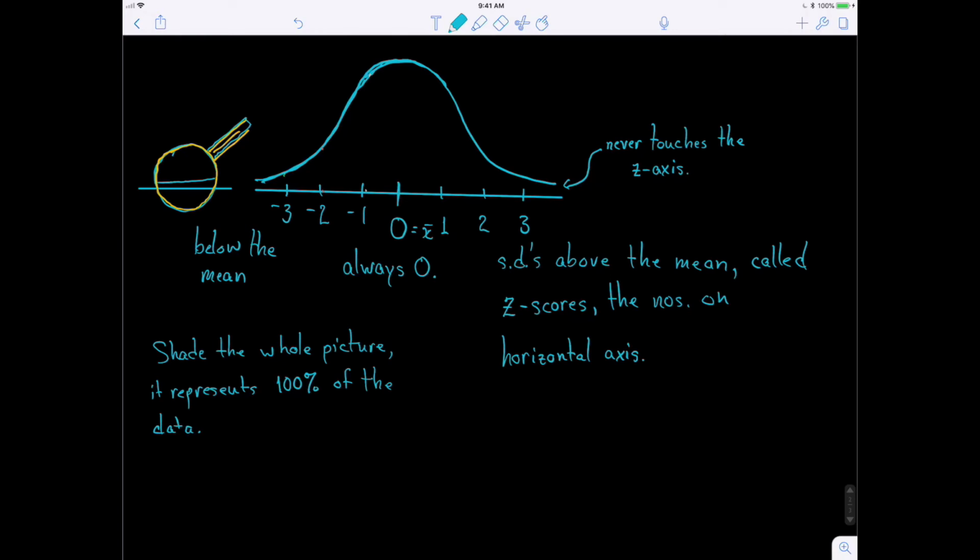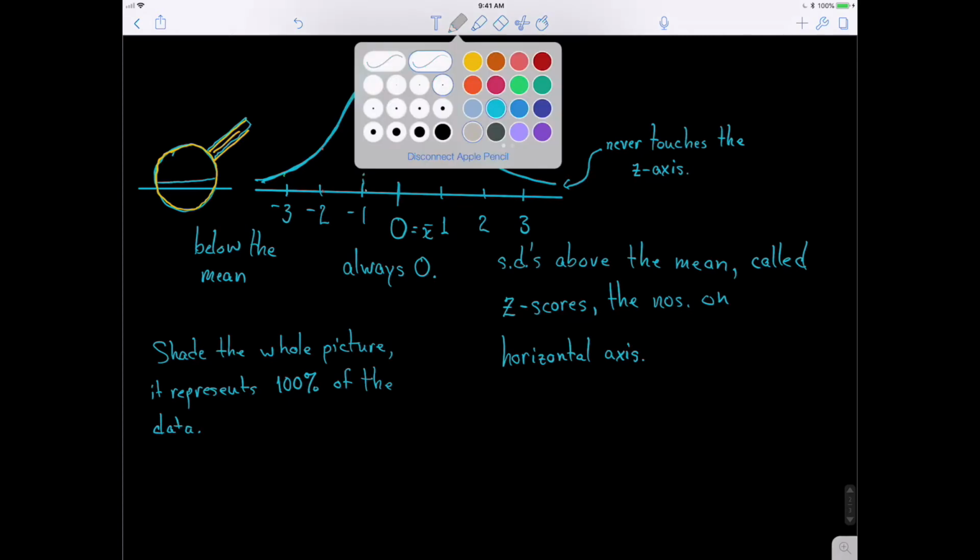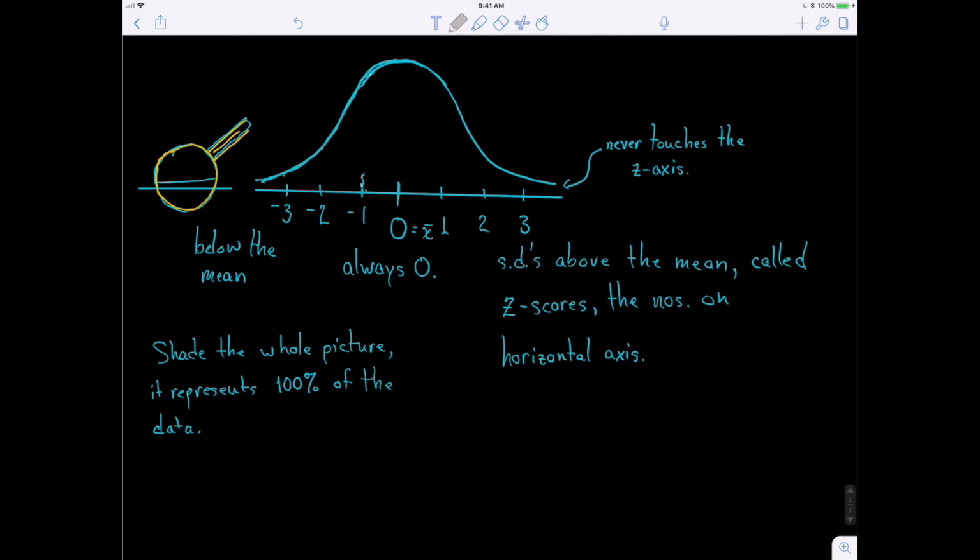The next thing is this. We could kind of see it in the picture above, but when you have all this nice smooth curve, it takes on a unique property that's very, very well known. If I go a standard deviation below the mean, and one standard deviation above the mean, with the mean going right through the very middle of my picture, and then I start shading this region, I'll just use some simple lines.